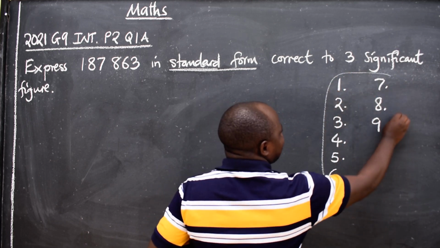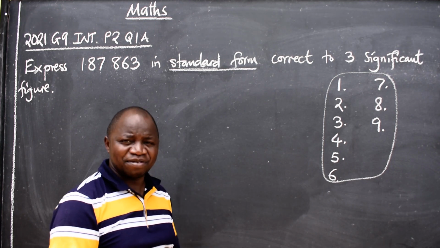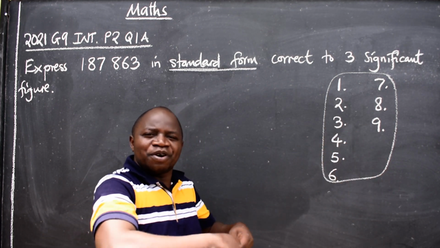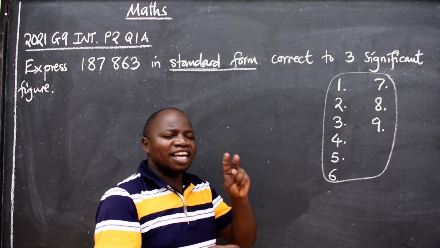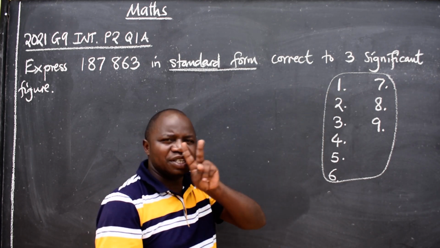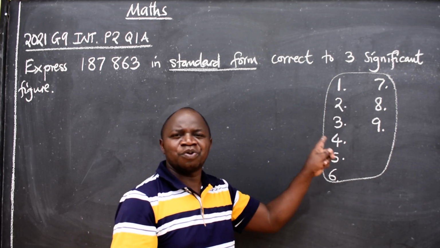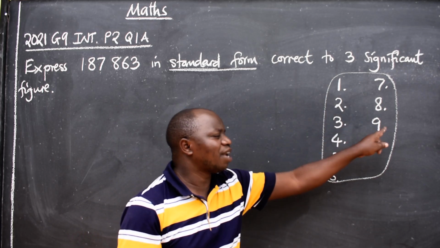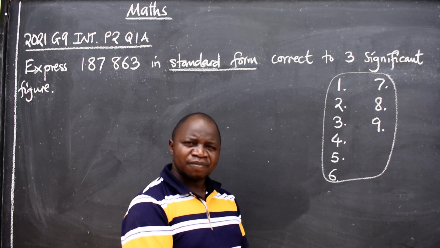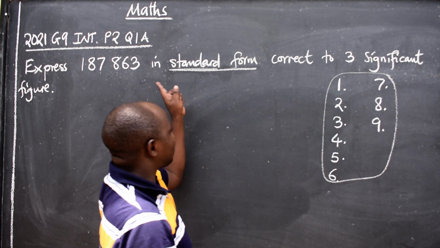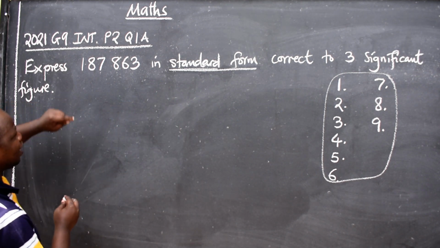This is the first thing that you need to know in standard form. So it should be 1 point something, 2 point something. There is nothing like 2 digits before the point in standard form. It should always be 1 point, 2 point, 3 point, just like that, up to 9. Are we together? Let's use this now in the number that we've been given so that you understand.